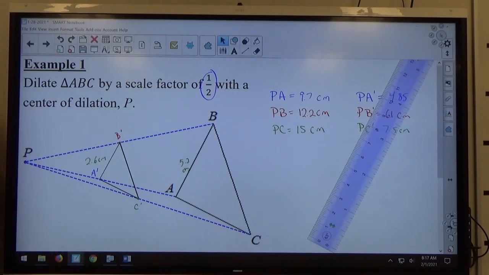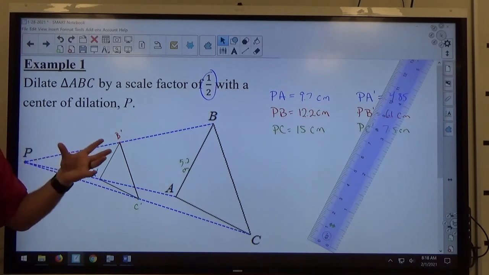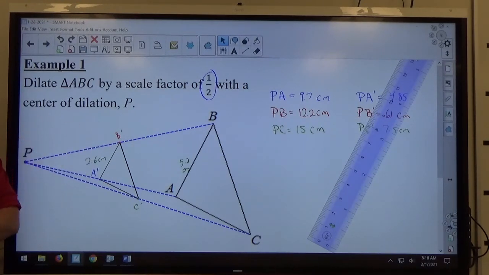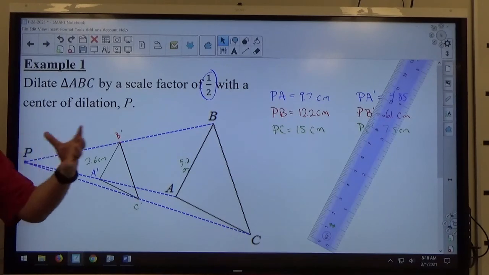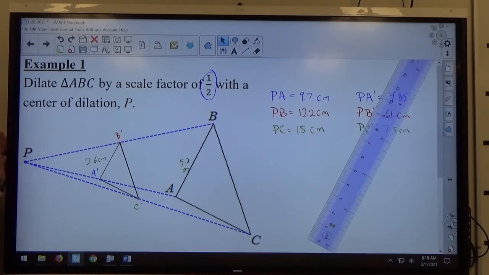When we're looking at dilation, the dilation itself should be a similar figure to the previous figure. Similar means that all the sides are either a shrunken or expanded version of the original side. So the sides get bigger or smaller, but they have a common ratio.